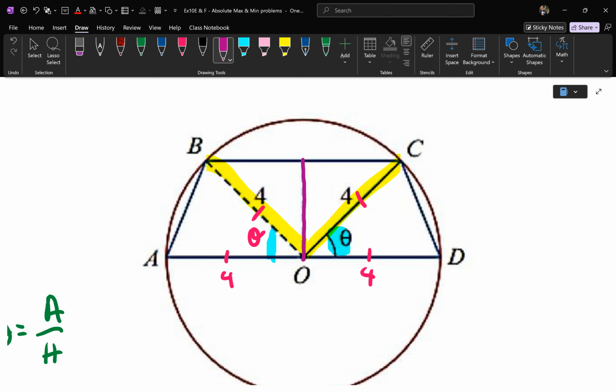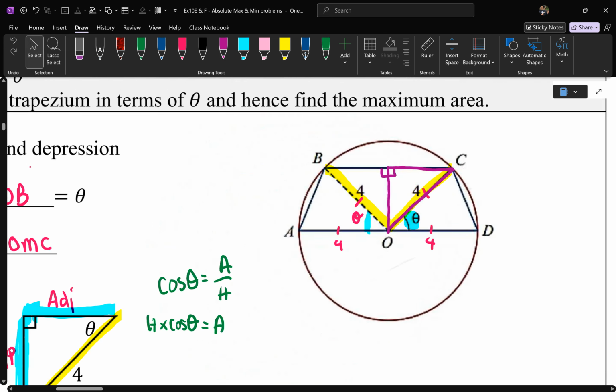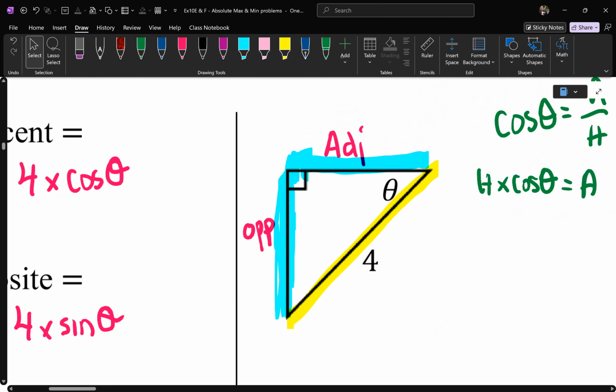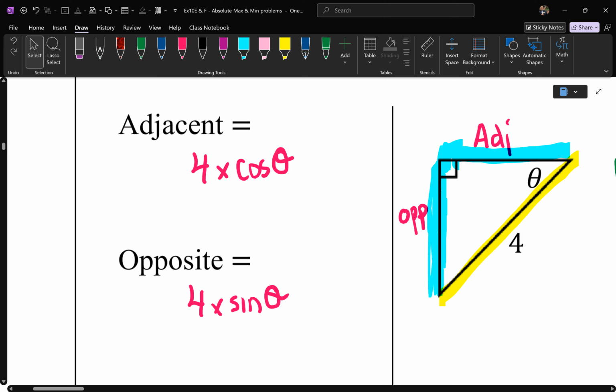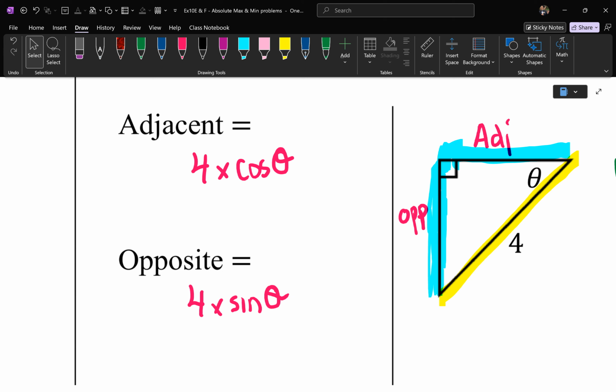This is a perpendicular bisector, so it's a vertical height. So it cuts it right there. We can say that's cut in half. 90 degrees, 90 degrees, and it gives you this right angle triangle. So I tried to draw the right angle triangle on this side here. And we can see that that perpendicular bisector gives you the horizontal length on the top. That's your adjacent.